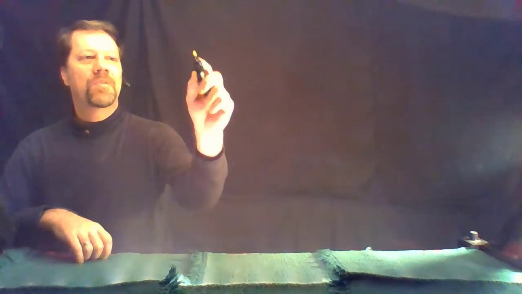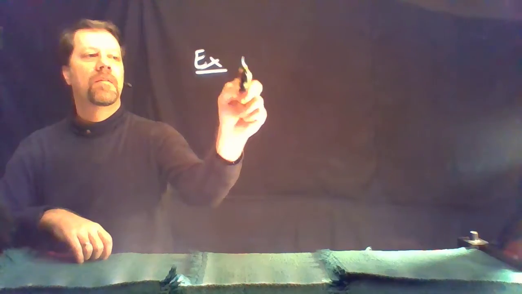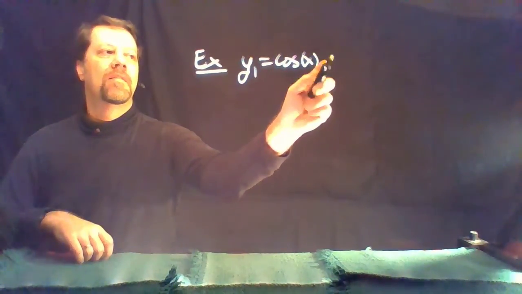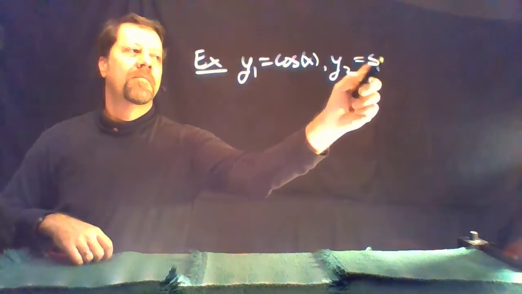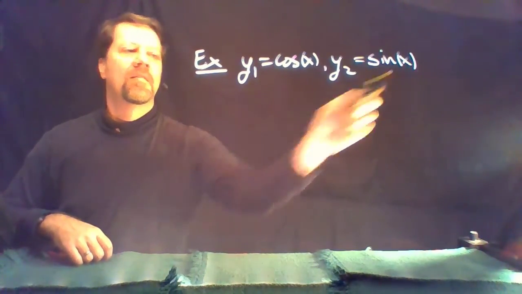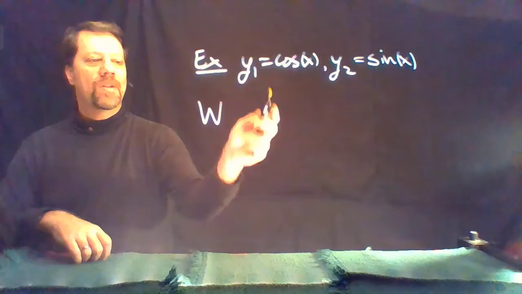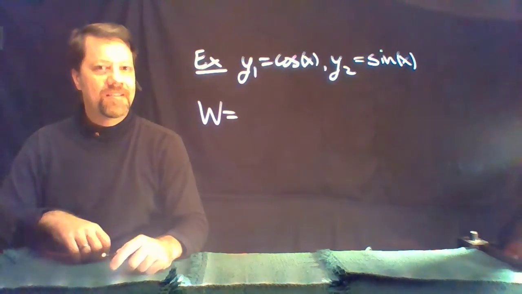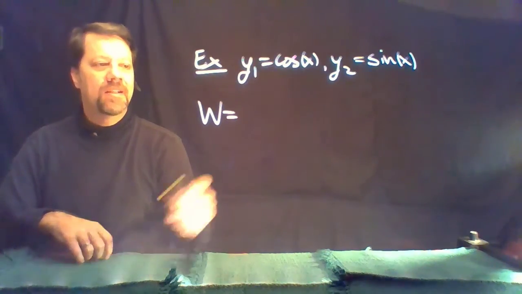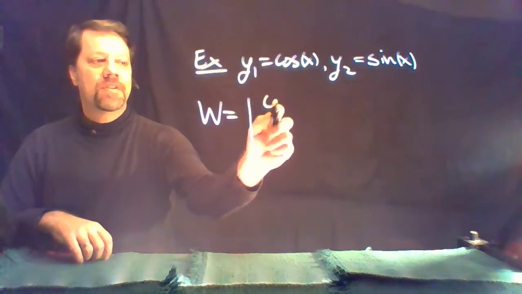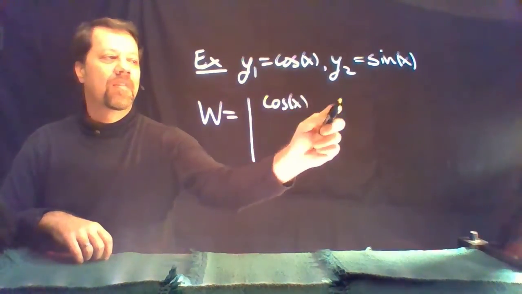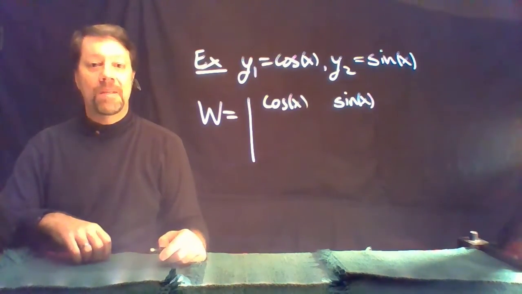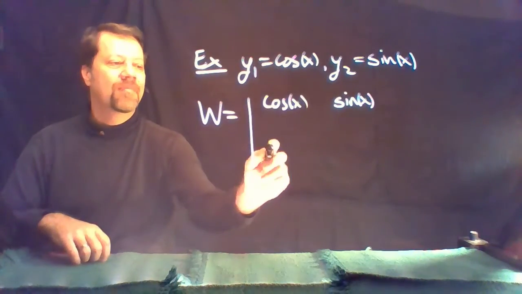As another example, when y1 is cosine x and y2 is sine x, and just a point of advice, do cosine first. That way the Wronskian will end up being positive instead of negative.